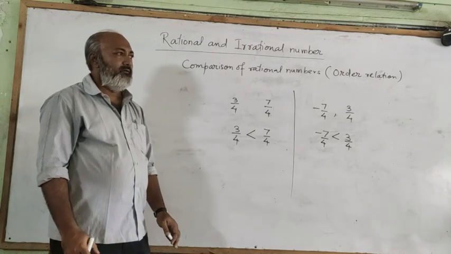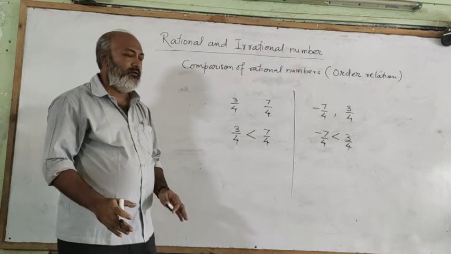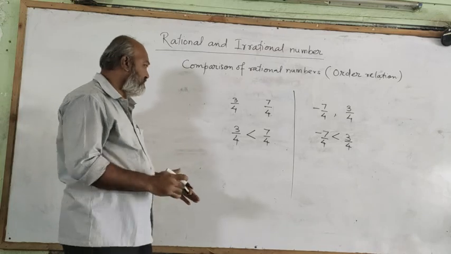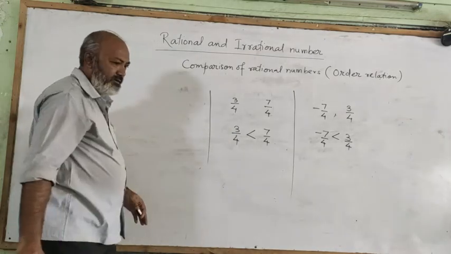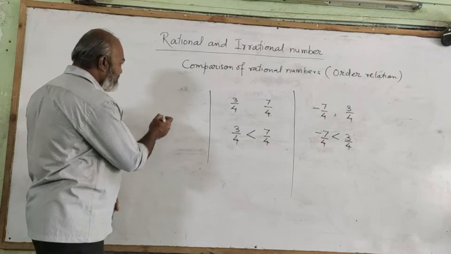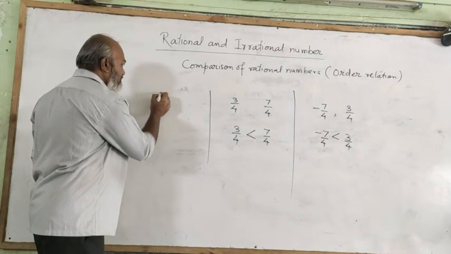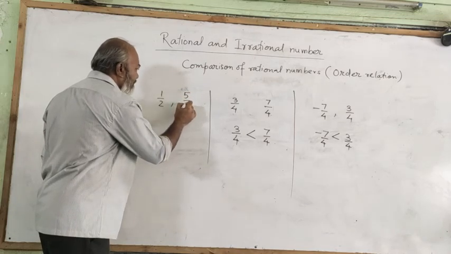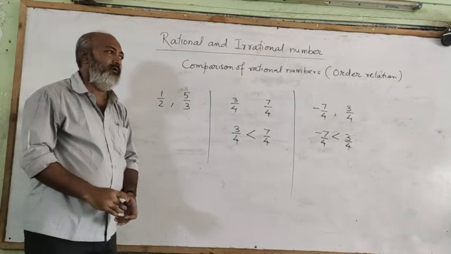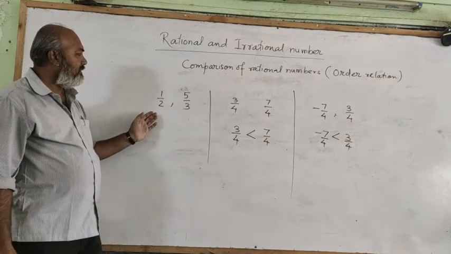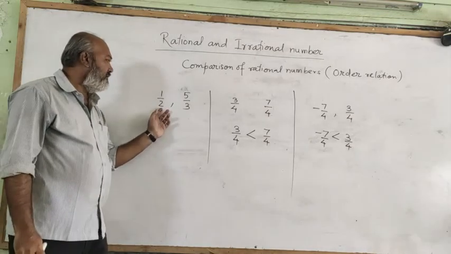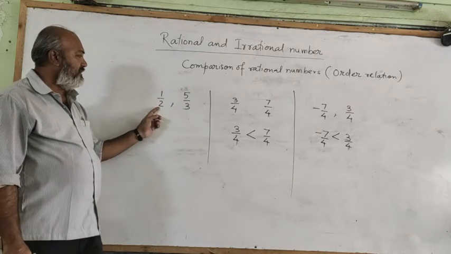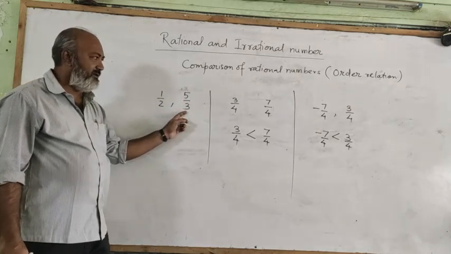While making a comparison between two rational numbers, like this, 1 by 2, 5 by 3. In such an example, you will find unequal denominators, here is 2 and here is 3.